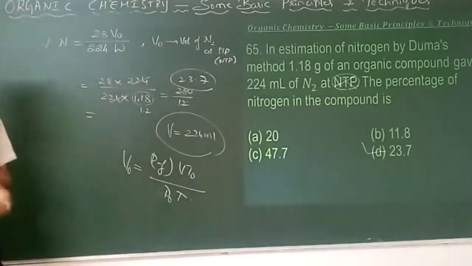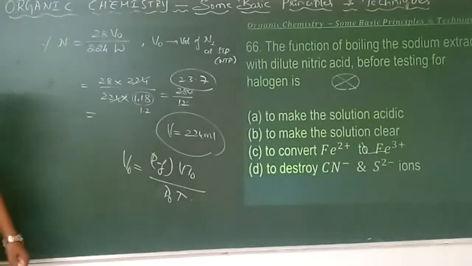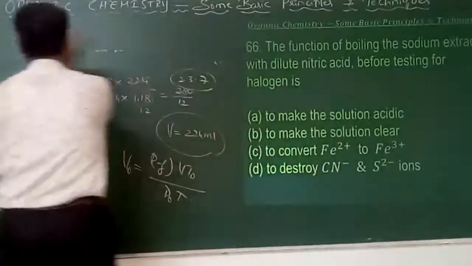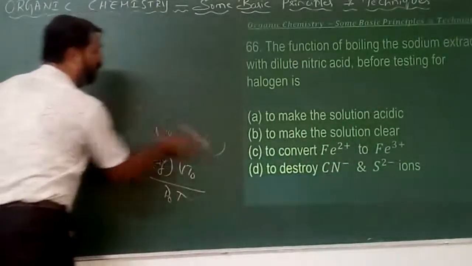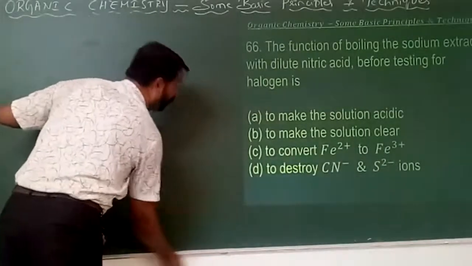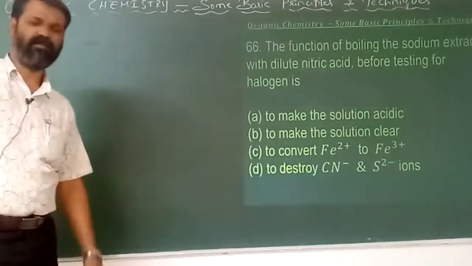Okay, let's move on to the last one. What is the function of boiling the sodium fusion extract with dilute nitric acid before testing for halogens, as I already mentioned?